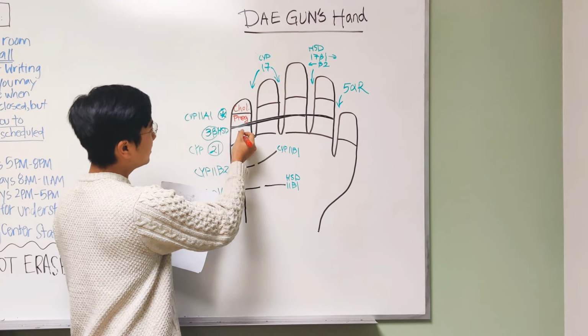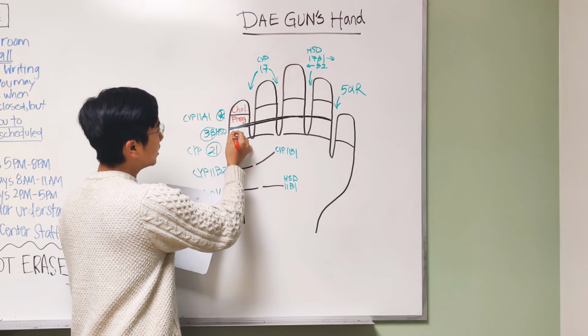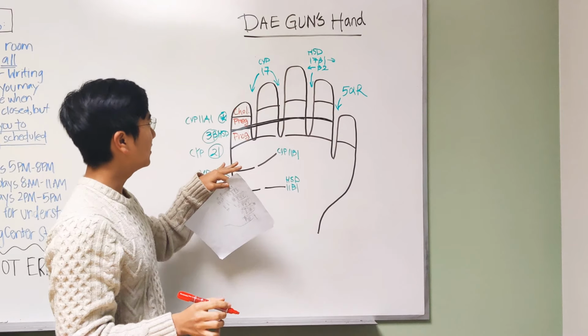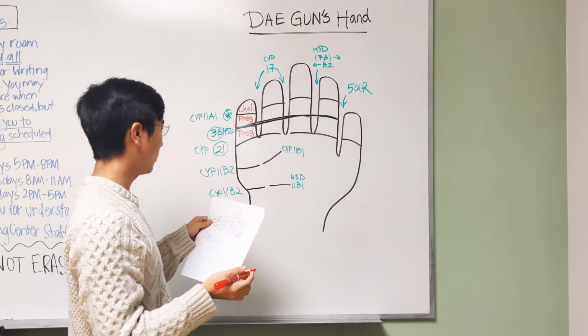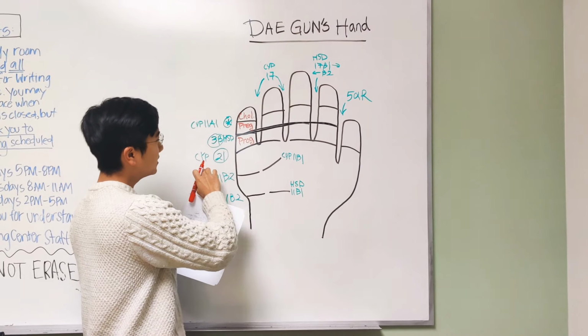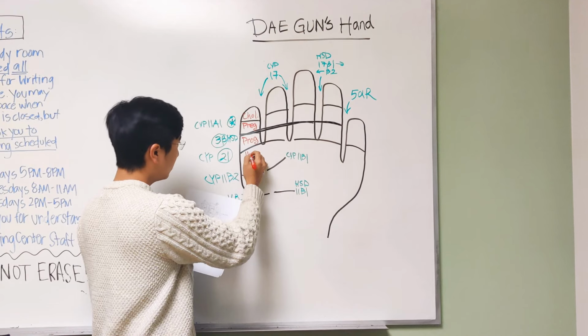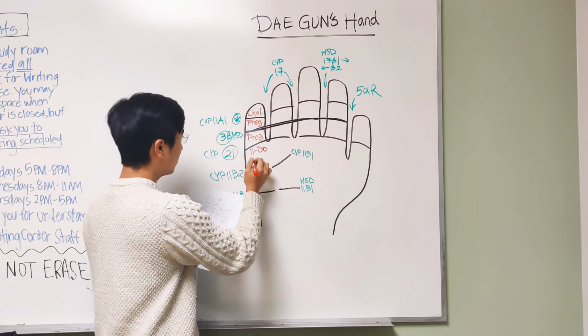As it crosses this line, which is 3-beta HSD, it becomes progesterone. How I memorize that: pre is before pro, E is before O. After it passes CYP21, it becomes 11-deoxycorticosterone.